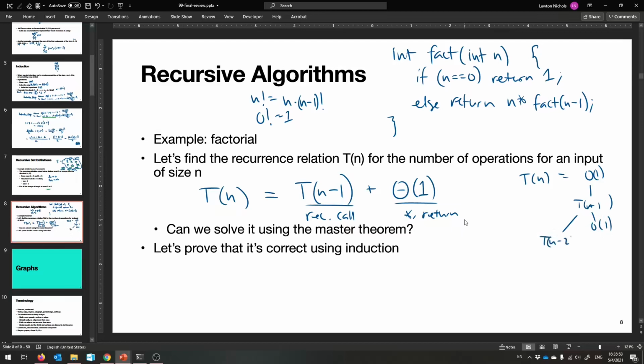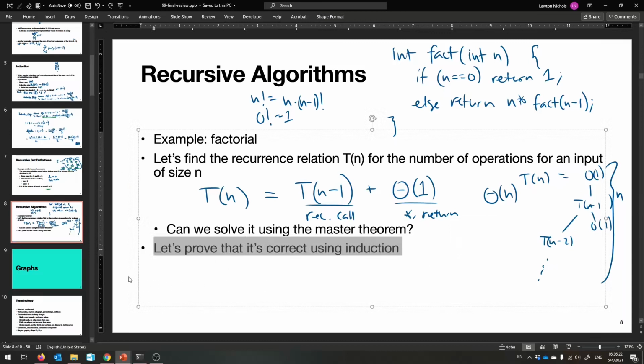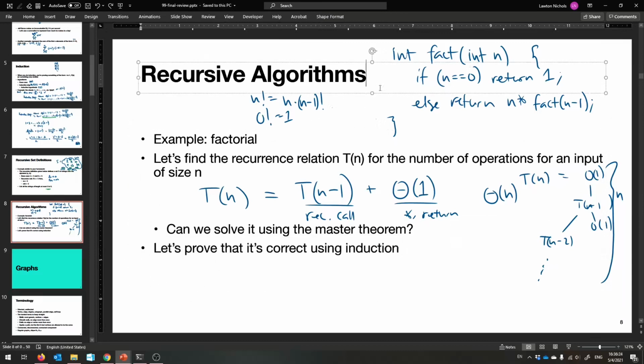And eventually I'll get to the bottom. It's just going to be a bunch of theta of ones, but it's going to be of height n. So it becomes theta of n. It's a linear algorithm, and that makes sense because it's just getting smaller one by one. So that is the idea there. And let's prove that this factorial function is correct using induction.